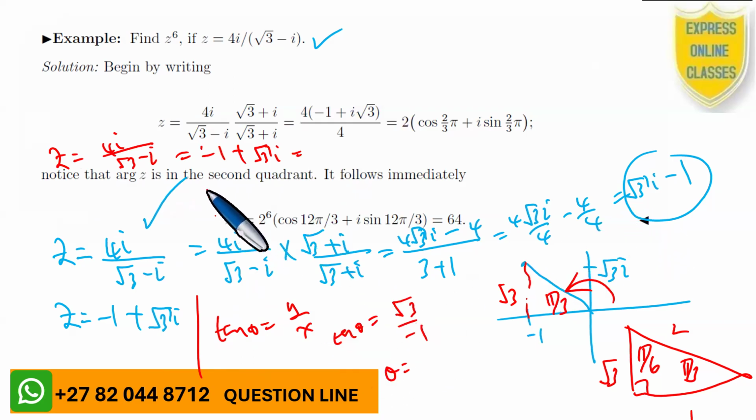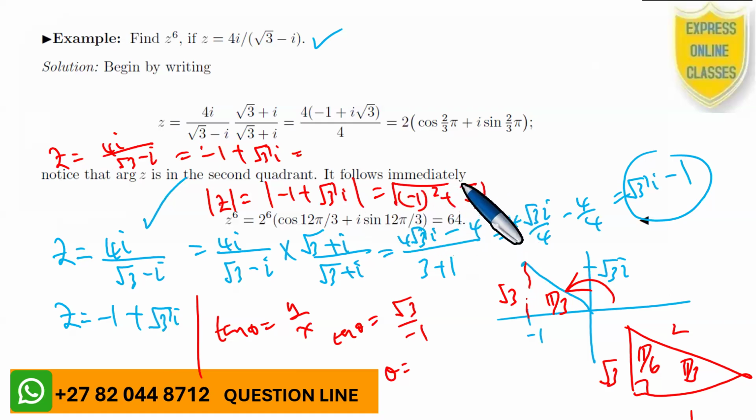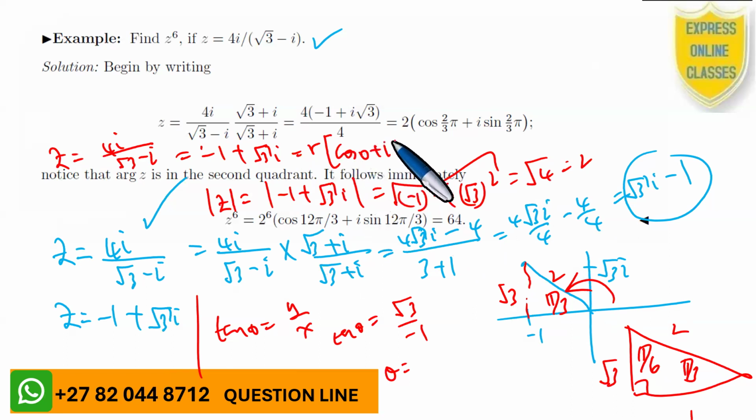The modulus of z is the modulus of minus 1 plus root 3 i, which is the square root of minus 1 squared plus root 3 squared, which is 3 plus 1, 4. Square root of 4, 2. R is 2. So if you write this complex number, it is r cosine theta plus i sine theta. What is the radius? It's 2. And the angle theta is 2 pi over 3.